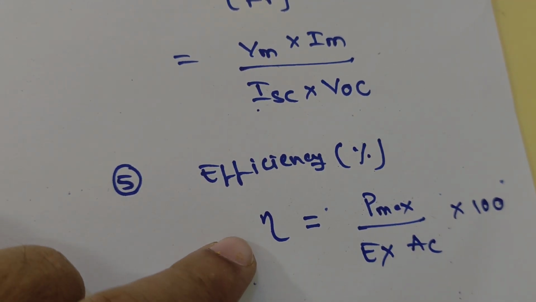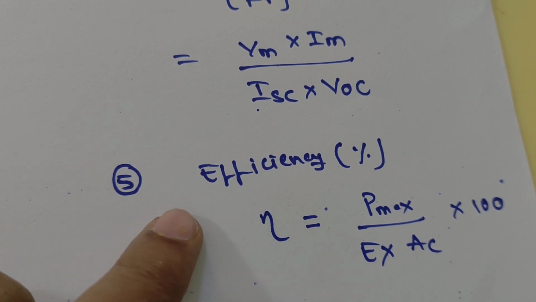In the solar cell mechanism, the sunlight is absorbed by the solar cell and converted into charge carriers. So efficiency is how much of the absorbed light intensity is utilized to convert into charge carriers.